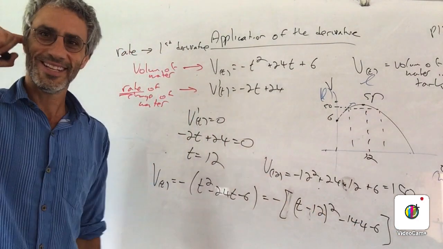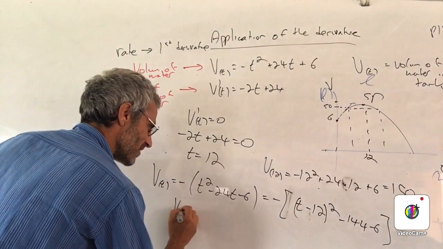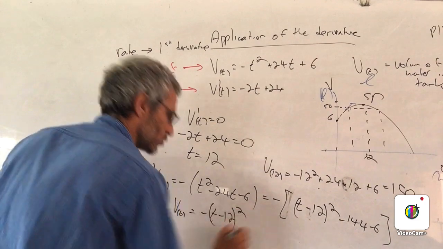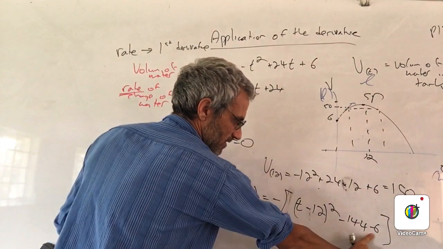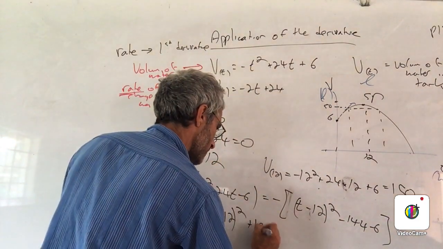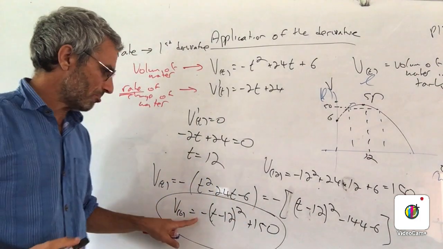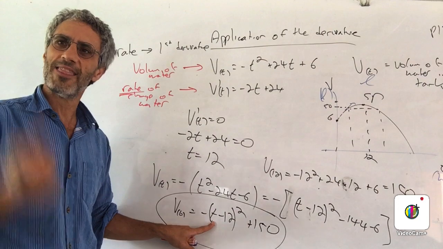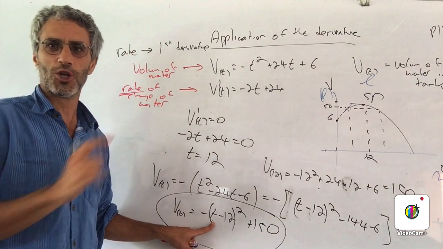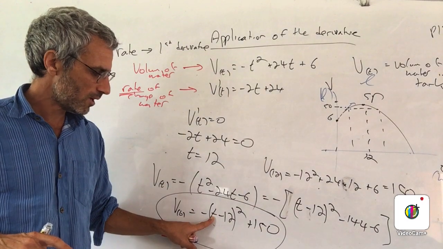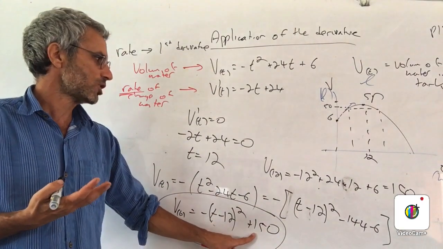All right, then V of t is equal to minus t minus 12 squared, and then this is minus 150, so plus 150. After a little bit of work, I completed the square and wrote it like this. And then I can tell you, without any knowledge of the derivative, that the maximum will be at t equal 12, and the maximum volume is actually 150.